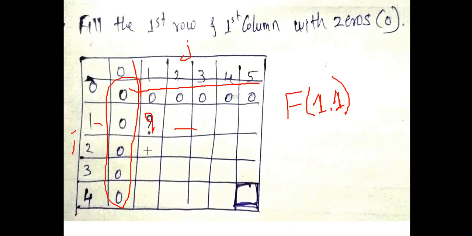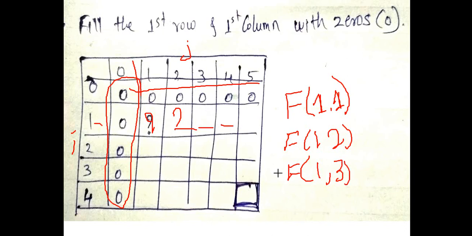So next, how to write this value? I mean the equation: f of first row, second column. Then what about this? F of first row, third column. And this? F of 1, 4. Last one is f of 1, 5.